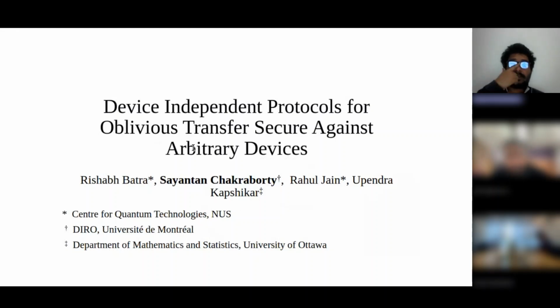I'm Sayantan, and this talk is going to be about device independent, or DI, protocols for some important two-party cryptographic primitives. This one being oblivious transfer, or OT. This was joint work with my group at the Center for Quantum Technology, CQT, at the National University of Singapore.